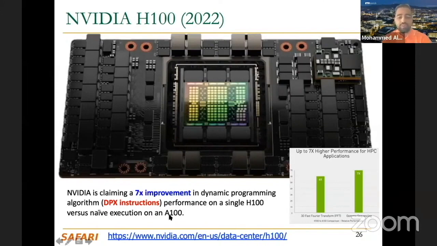So this is to be investigated. Someone needs to do evaluation or benchmarking with some of the filters on the same GPU and compare it to the dynamic programming performance.